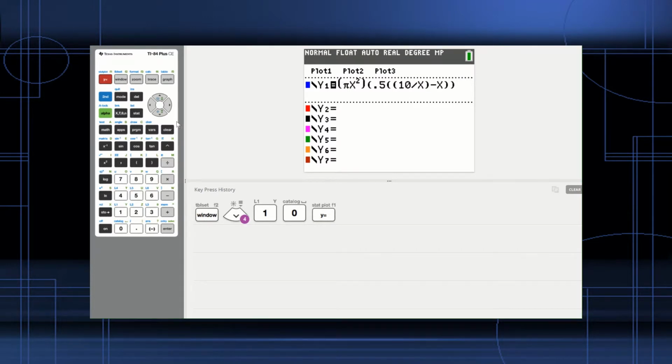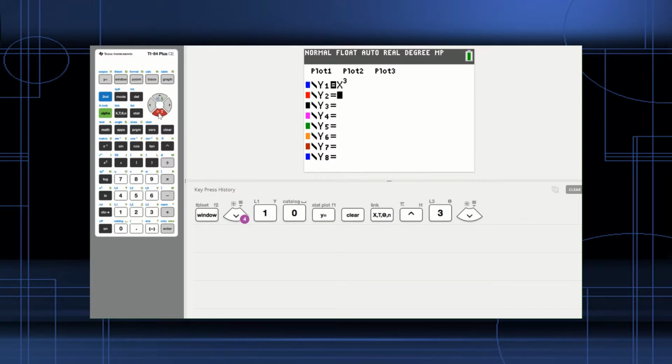All right, I'm in y equals, and I'm going to clear out what I had here. I had quite an equation there. I'm first going to represent the graph of the parent function, x cubed, a cubic function, and it's going to appear in blue.